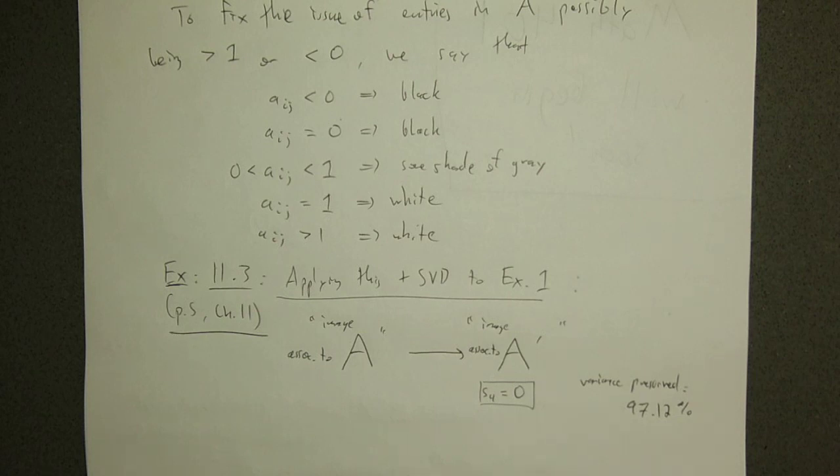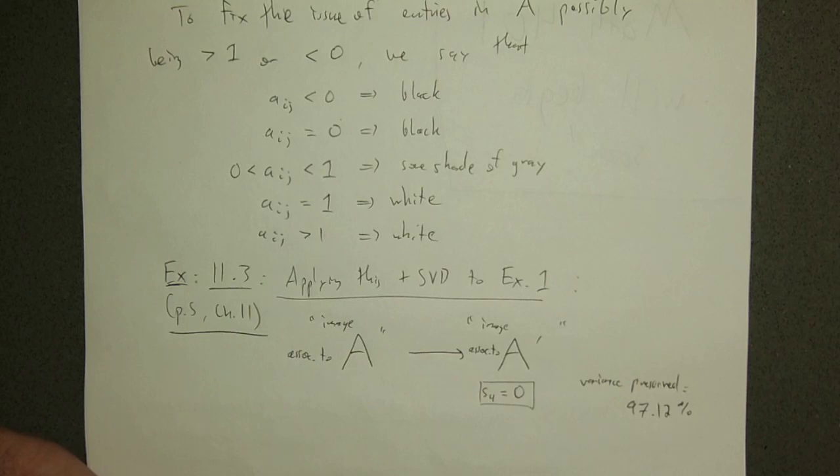All right, so that is what is shown in the first image. And you can see that it's a pretty accurate rendering of the image you started with. There are many of the squares that match up seemingly perfectly, so a lot of the black squares remain completely black in the image associated to A prime. There are a lot of the white squares that remain completely white.